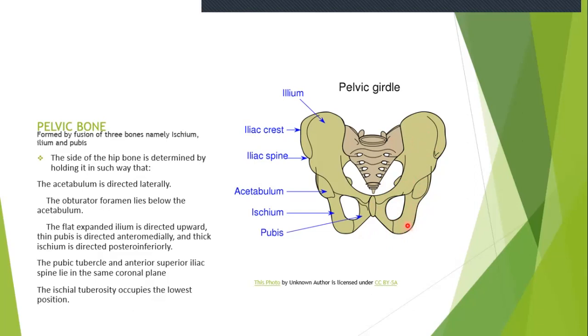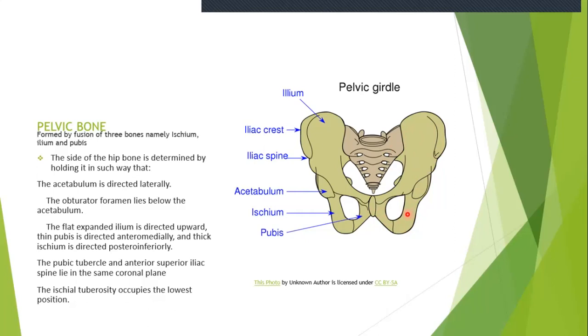The thick ischium here should be directed posterior-inferiorly. So the ilium should be directed upwards, the pubis anteromedially, and the ischium posterior-inferiorly.